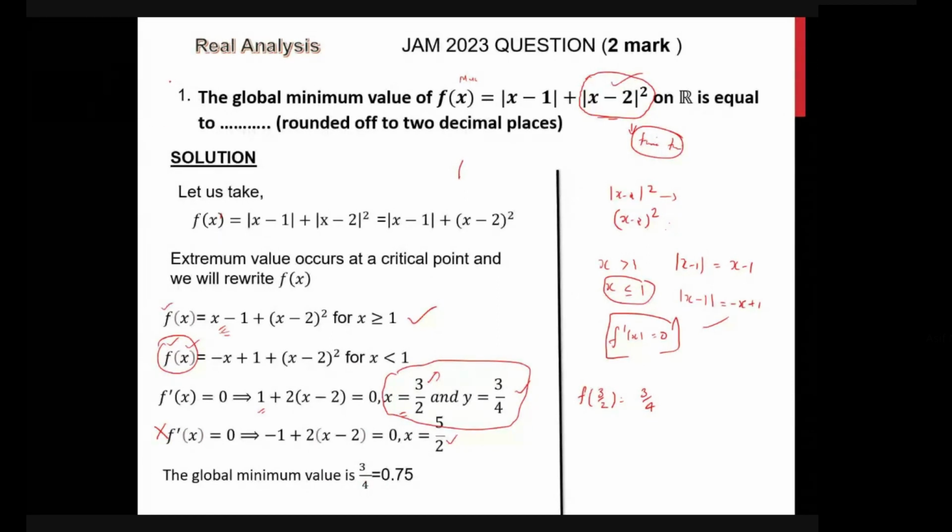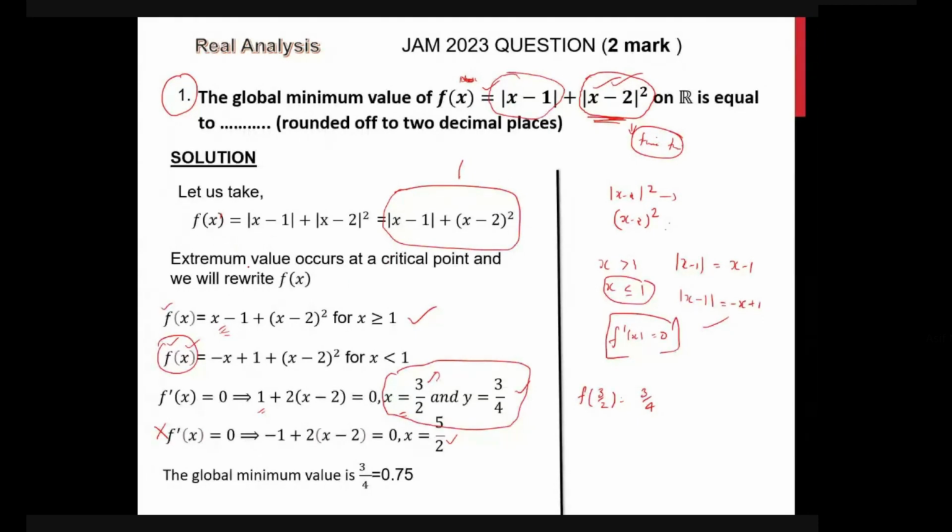One of the important things is to identify the time-losing components in this question. This one is time-losing, because if we get confused here, it will cost us time. If we know that we can rewrite it at the first point as mod of x minus 1 plus this, then it will be very easy.